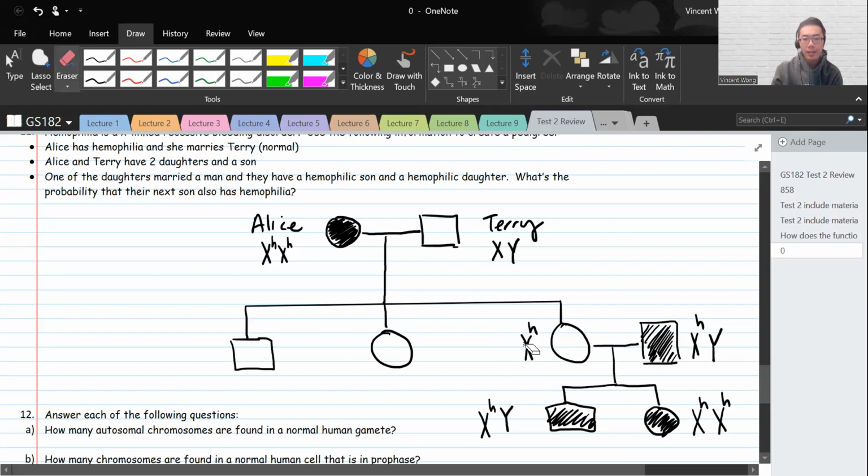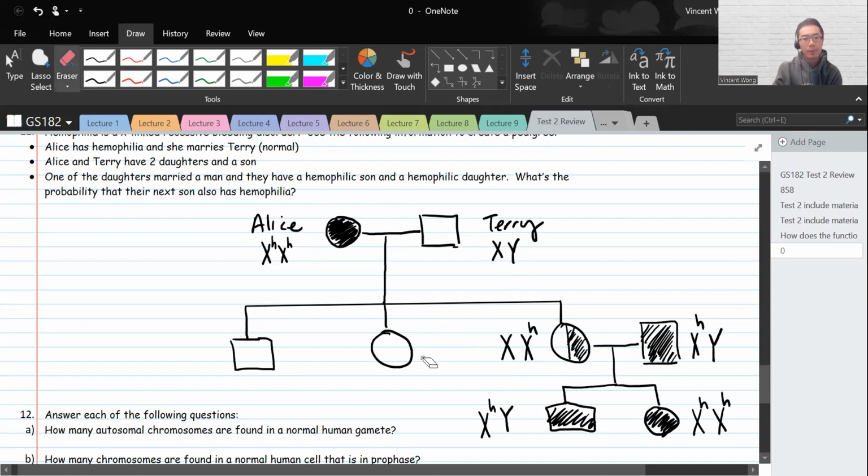And this XH came from Alice. She's the only one who has the hemophilia gene, and the other X would be from Terry. So this daughter for sure is going to be a carrier.